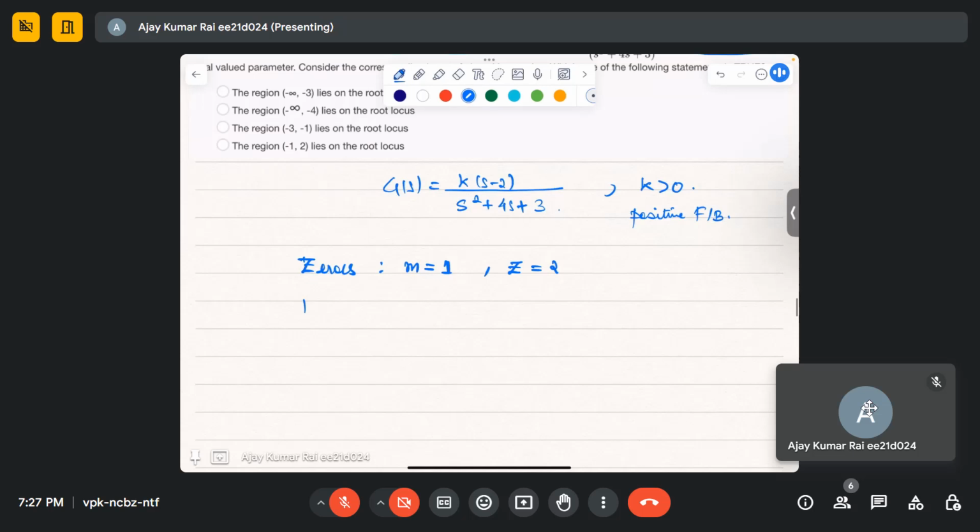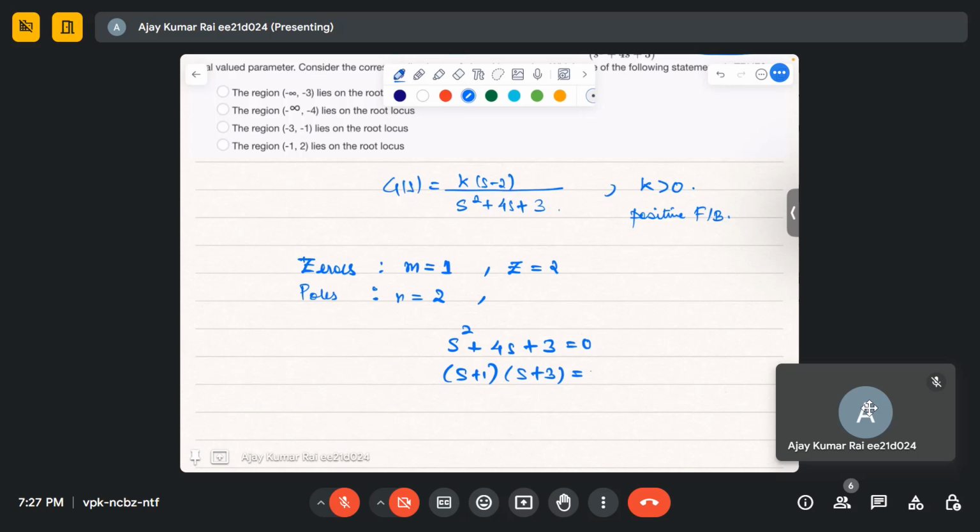Okay, so let's take a look at the poles. So the poles: s square plus 4s plus 3, so its degree is 2, so we'll be having 2 poles. Okay, so let's see what the poles are. If you solve this, you'll get (s plus 1) into (s plus 3).